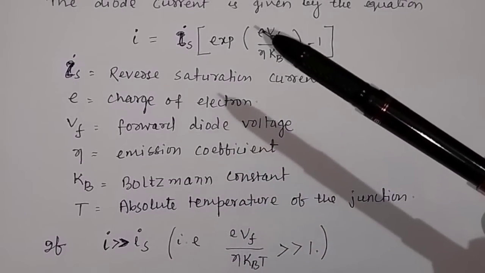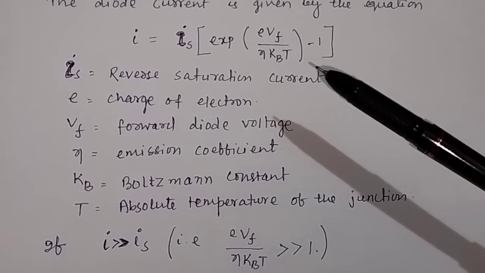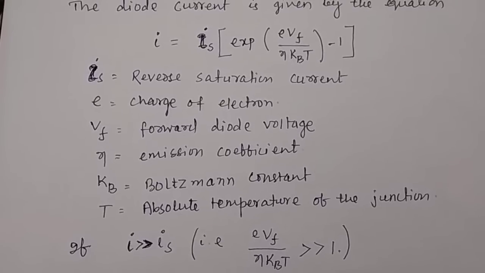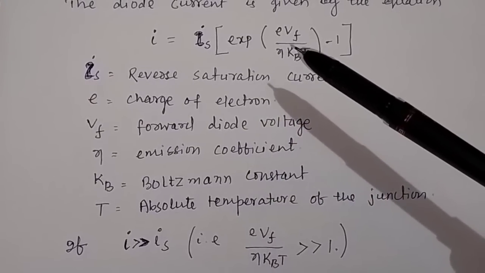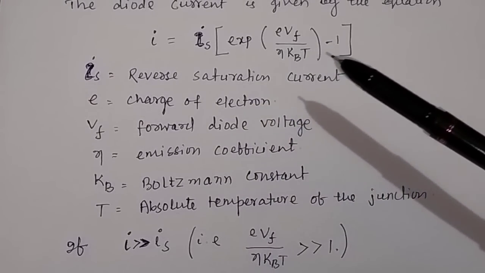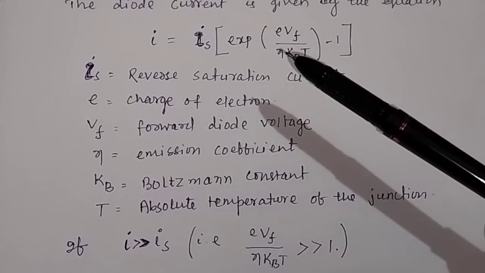This term, E Vf divided by eta Kb T, will be very large compared to 1. So if the exponential of E Vf divided by eta Kb T is much greater than 1, you can neglect 1 in comparison to this term.